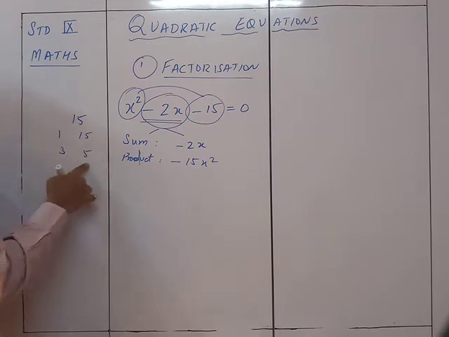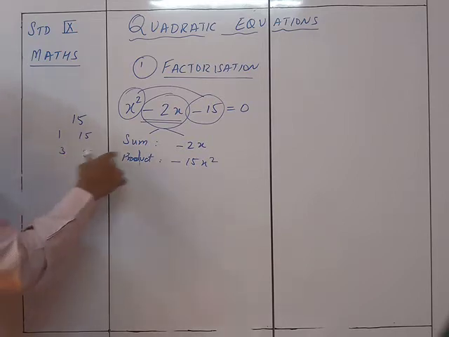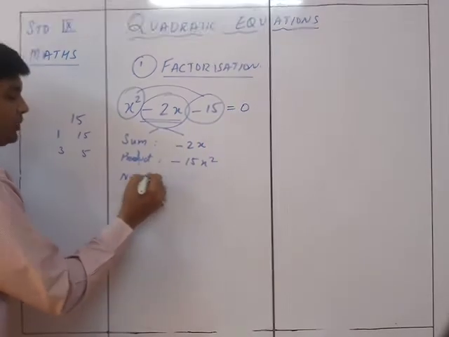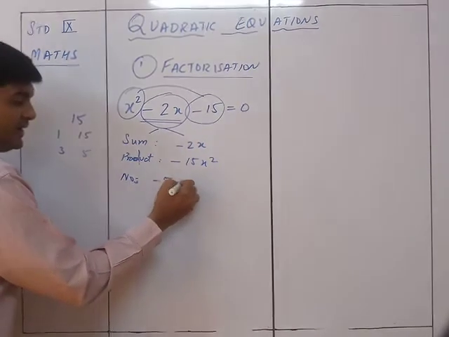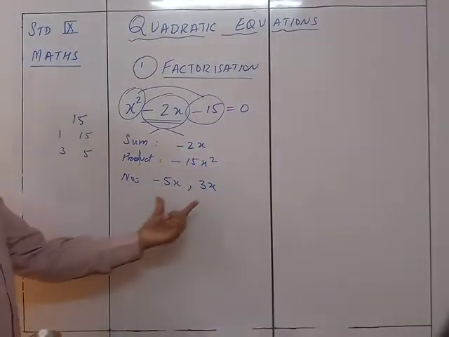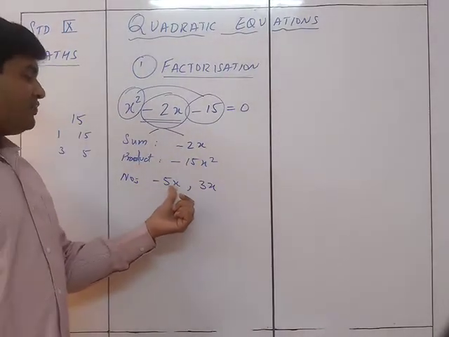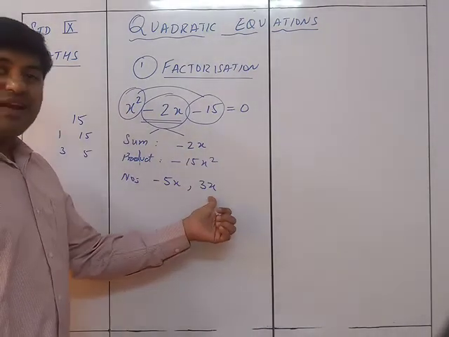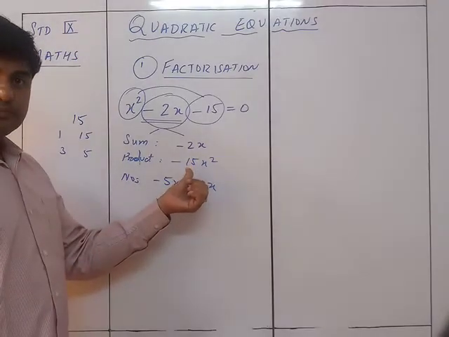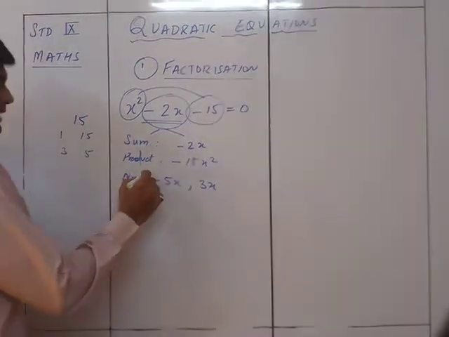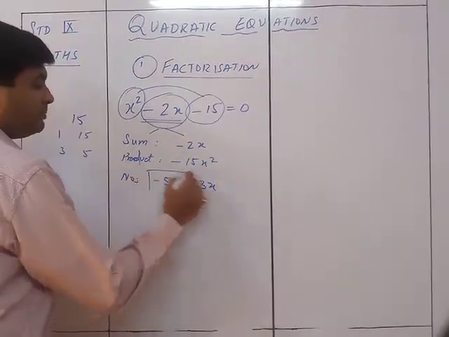So you can see 3 and 5, the difference is 2. If I take minus 5x and plus 3x, the addition of the two will be minus 2x, and minus 5x into 3x will give me minus 15x square. So that's why the numbers are minus 5x and 3x.